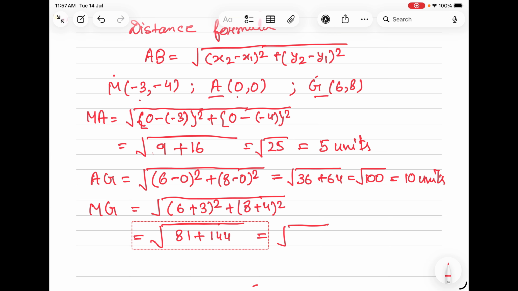So total 225. Square root of 225 is 15 units.